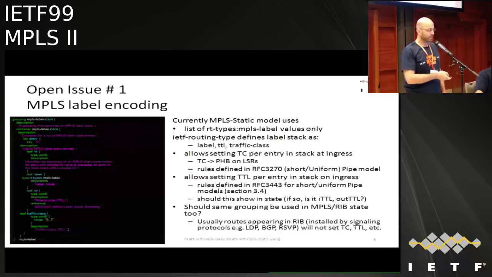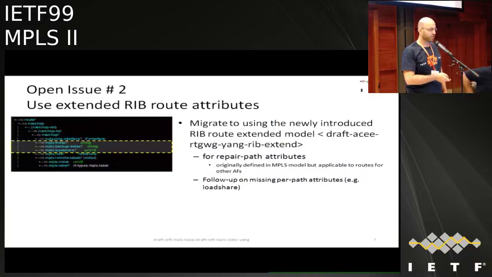There were a couple of attributes in the route that we introduced as MPLS attributes, but they're applicable to IP routes as well. We did take this discussion to the extended RIB draft authors, and we are following up with them on this, and we will update our model to comply with that.